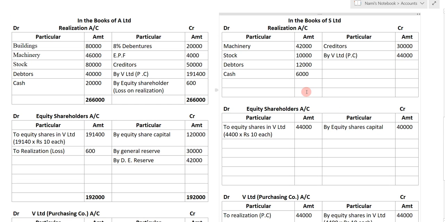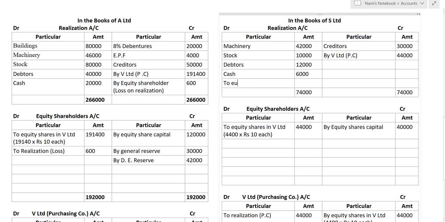So close the account. Here the debit side of realization, add the total. Now credit is more than the debit. Okay. So the total becomes 74,000. So here there is a difference of 4,000. So write here, to equity shareholders.